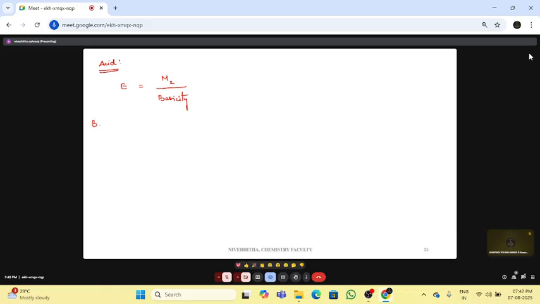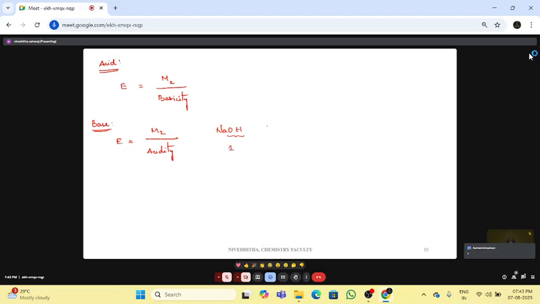Similarly, for base, equivalent weight is equal to molecular weight of the solute divided by, for base, the n factor is acidity. Acidity is nothing but number of OH minus ions. For example, my base is sodium hydroxide. And what will be the acidity of sodium hydroxide? The sodium hydroxide got only one OH minus ion. So acidity or the n factor of sodium hydroxide is 1.